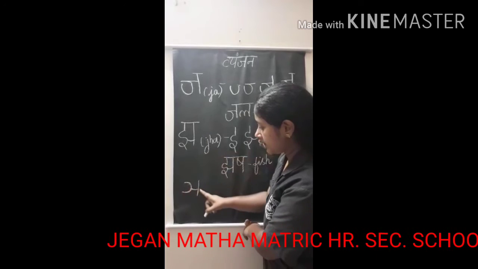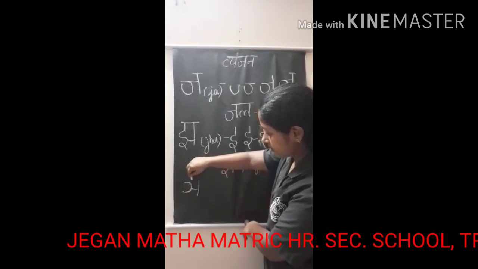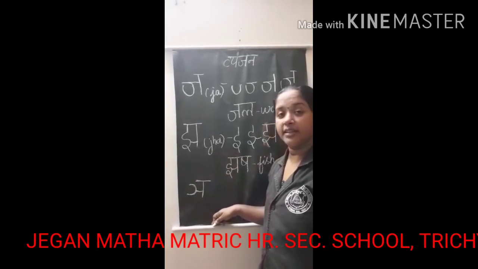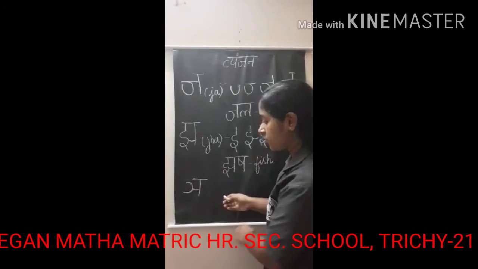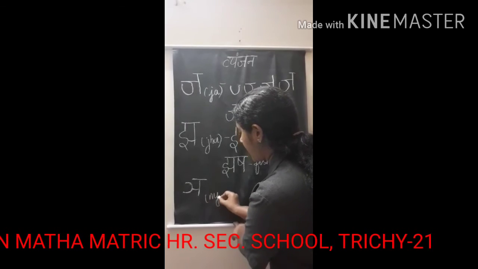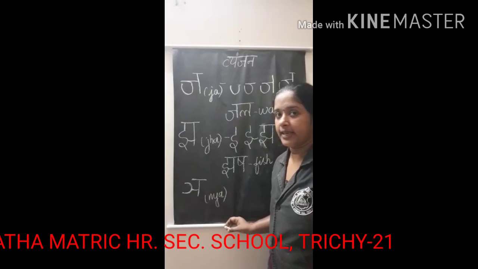This curve and the straight line will be joined by a curve-like line. Finally the sleeping line. This is the vyanjan nya. In English we call it N Y A, nya.